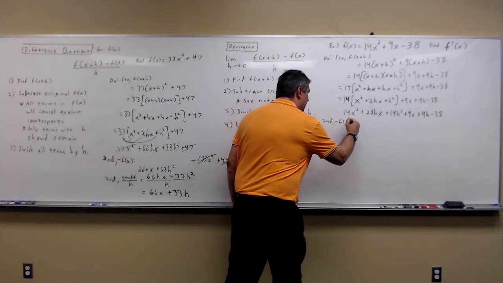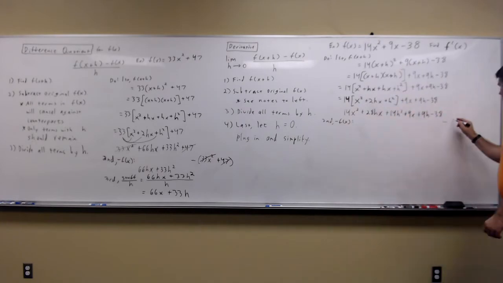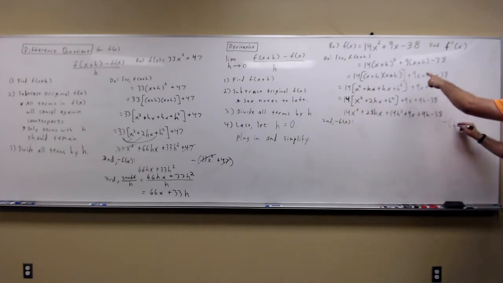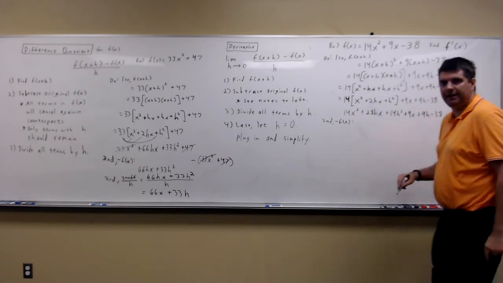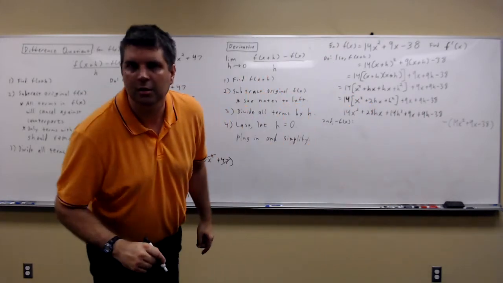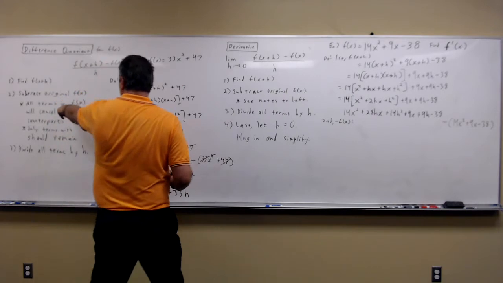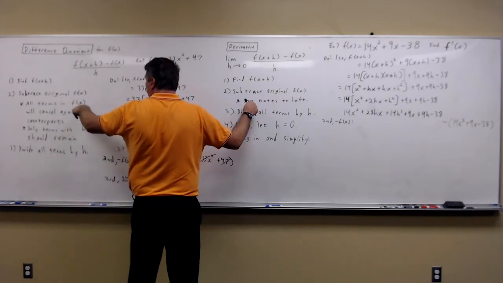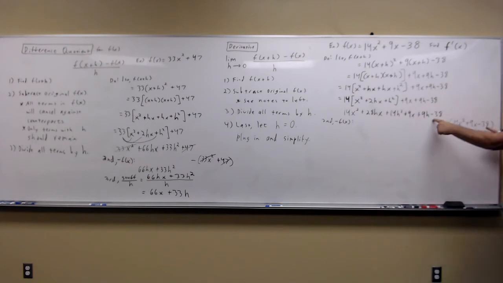Second, minus the original f of x. So I'll be subtracting 14x squared plus 9x minus 38. And again, all terms in f of x will cancel against the counterpart. So negative 38 is being subtracted from another negative 38.